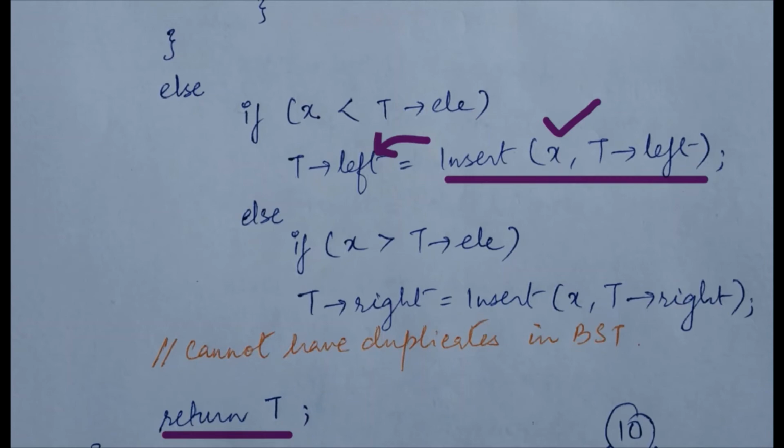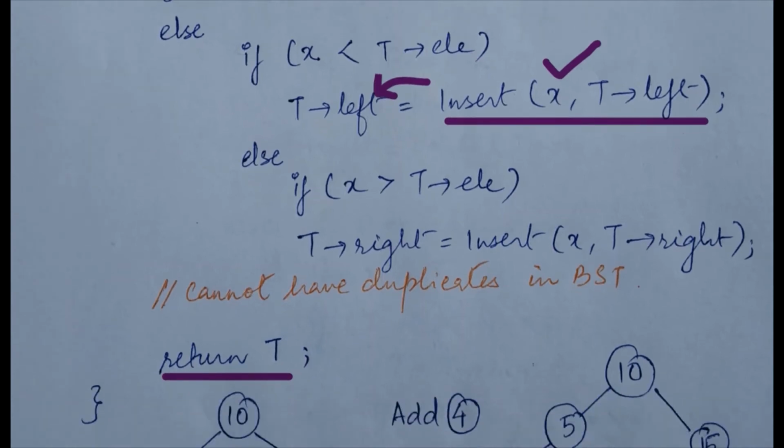It will be linked here. And if x is greater than t's element, your x will be inserted in the right subtree, and whatever t value is returned will come here in t's right.